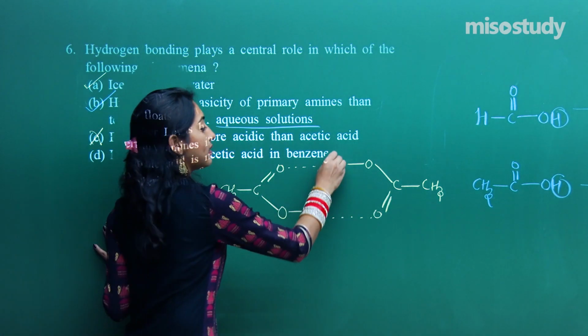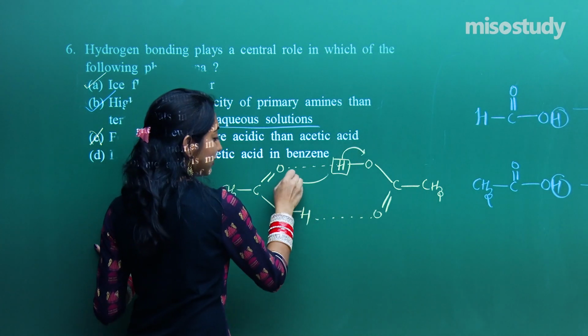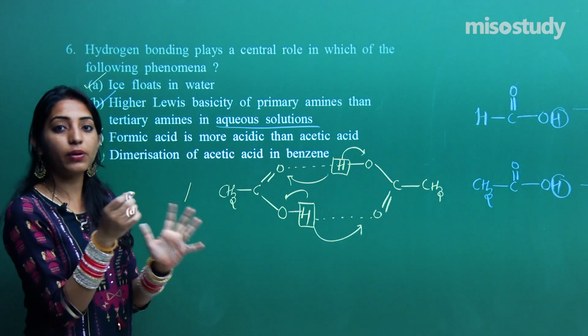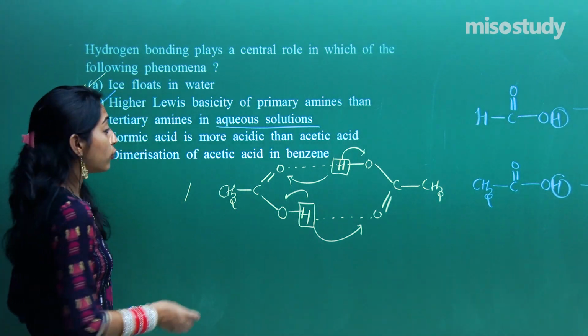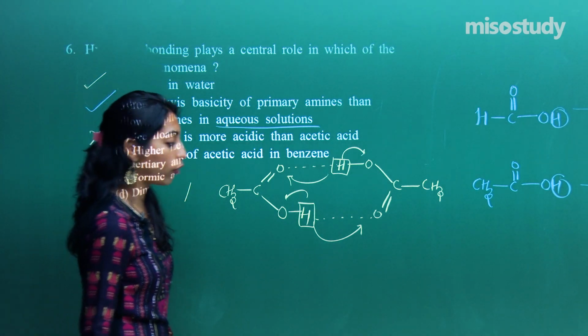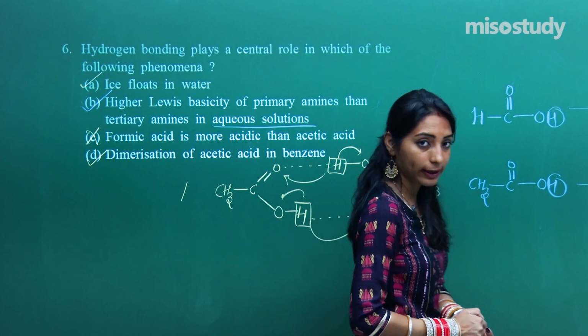So, see, hydrogen sandwiched between oxygen and oxygen, hydrogen sandwiched between oxygen and oxygen. So, it is a dimer, it is a double molecule so formed. So, yes, the dimerization of acetic acid in benzene is also explained on the basis of hydrogen bonding.